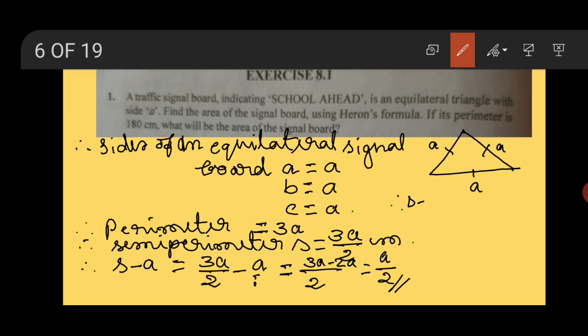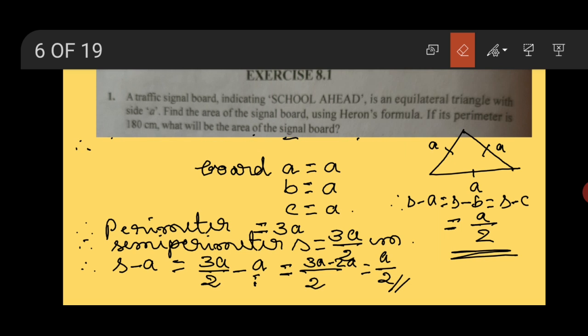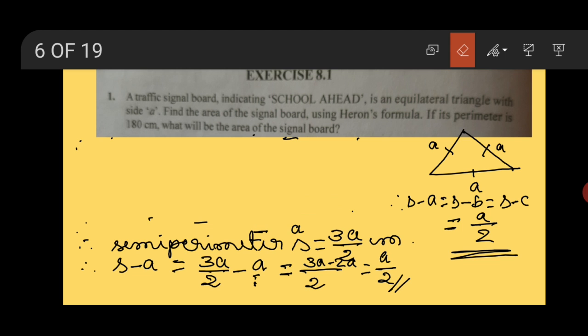Since all sides of the equilateral triangle are the same, S minus A is equal to S minus B, which is equal to S minus C, and it is equal to A divided by 2. Now we can find the area of the equilateral triangle using Heron's formula. What is Heron's formula?